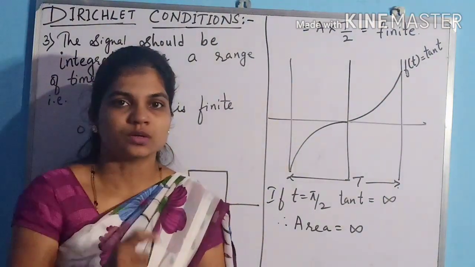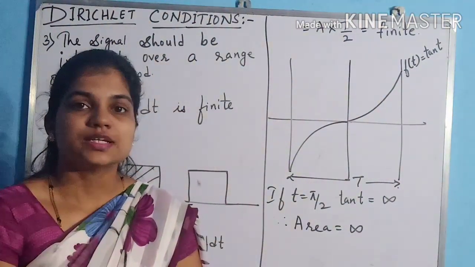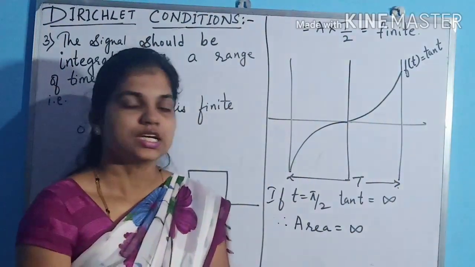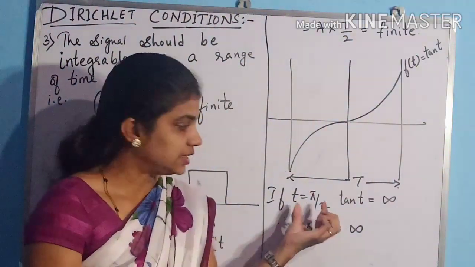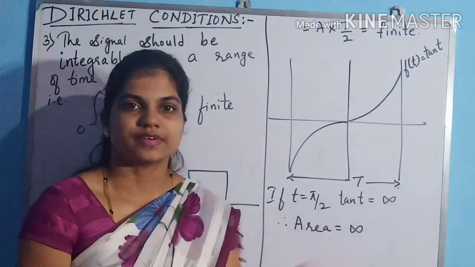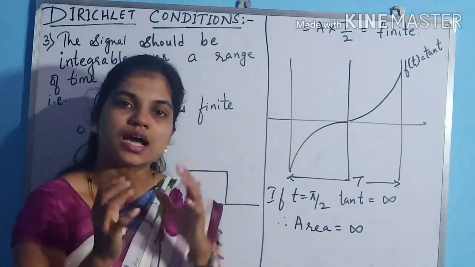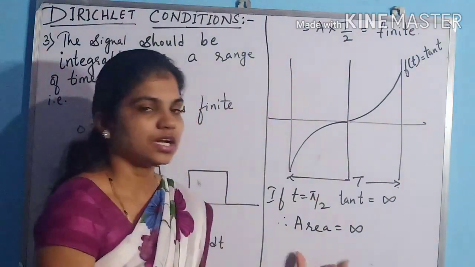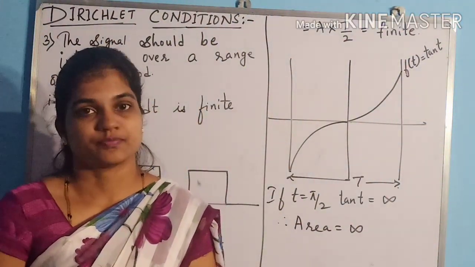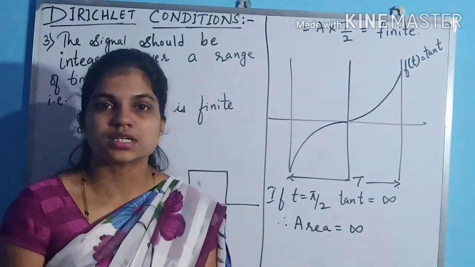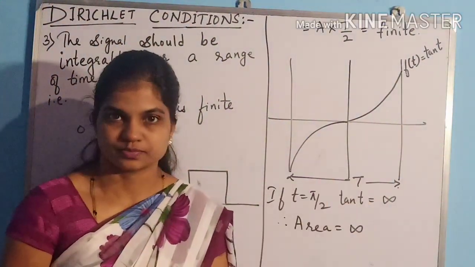But we know that tan pi by 2 is infinity. So for t equal to pi by 2, the value of tan t is infinite. So at a particular time t, I am going to get the area to be infinite. So that means the Fourier series does not exist in this type of signal.